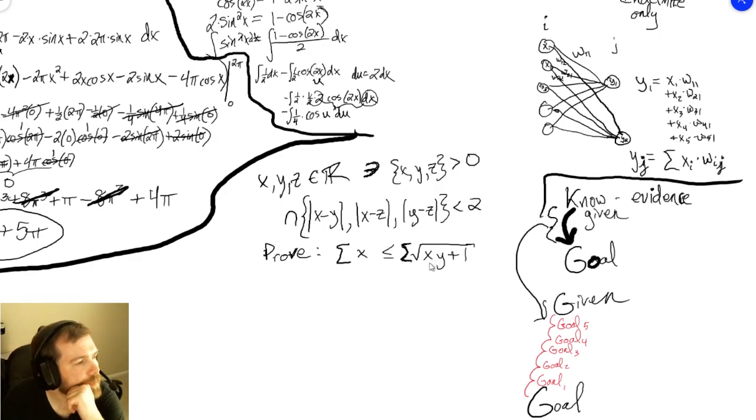So one possibility would be, I might say, if x minus y is less than 2, and I know it's the absolute value, but let's just assume for a moment that, so these are going to have a symmetry to them.